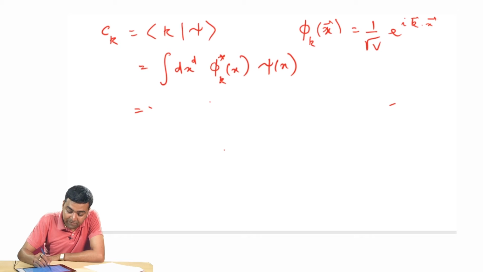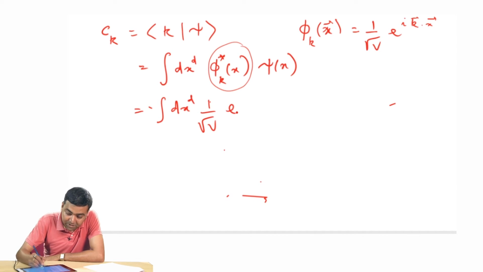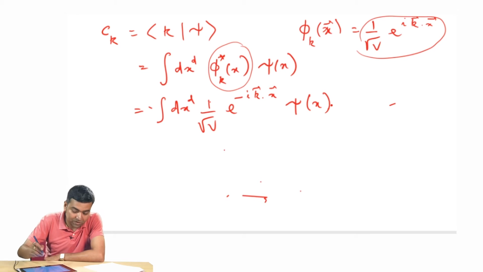Now, if I plug in the value of this phi star k of x here, what I will get is the integral over the d dimensional volume 1 by root V e to the power, we have to take the complex conjugate of this particular function, so that will be e to the power minus i k dot x, psi of x.